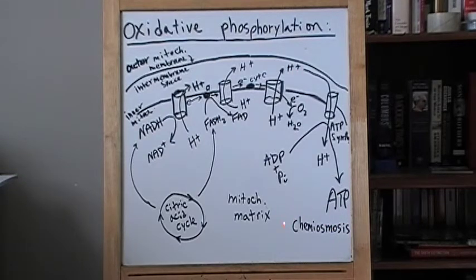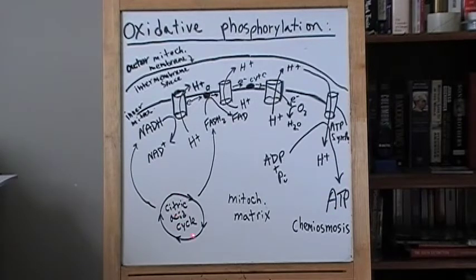So this is a second way that ATP is formed. We saw the substrate-level phosphorylation. It was one way to form ATP in the citric acid cycle and also in glycolysis. And then the second way to form ATP is chemiosmosis. And chemiosmosis generates a large amount of ATP.